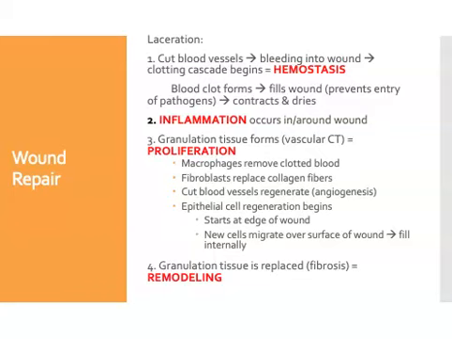If the laceration is large enough and the extent of it, the depth of it, is great enough, you may end up with scar tissue formation in the wound. That's a process that we refer to as fibrosis. But in most minor wounds, the granulation tissue will be progressively replaced with new integument. That's the stage that we call remodeling.